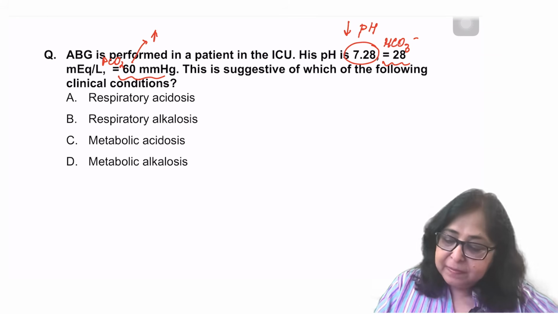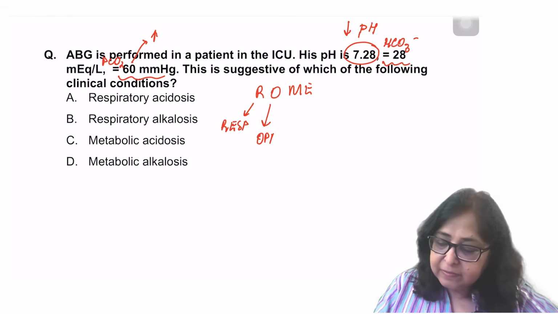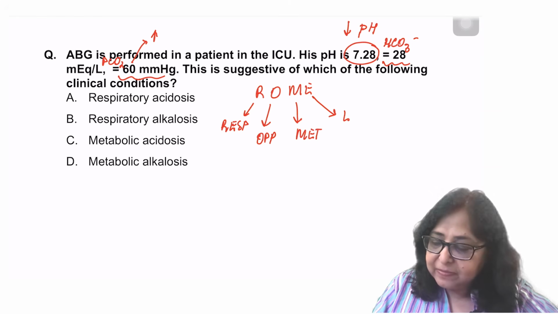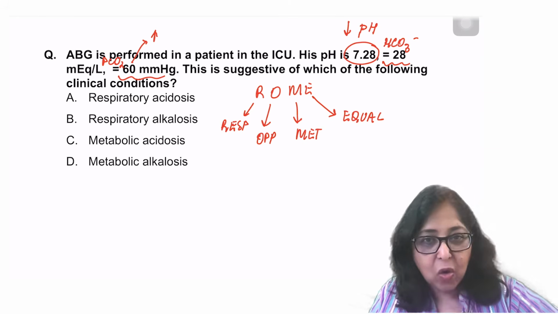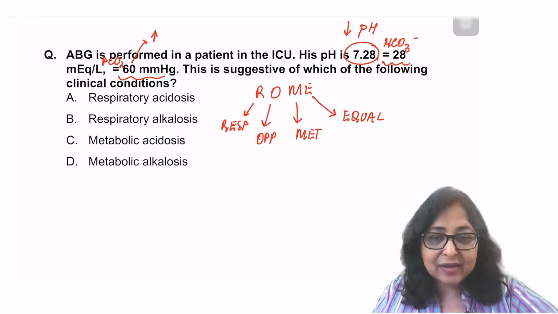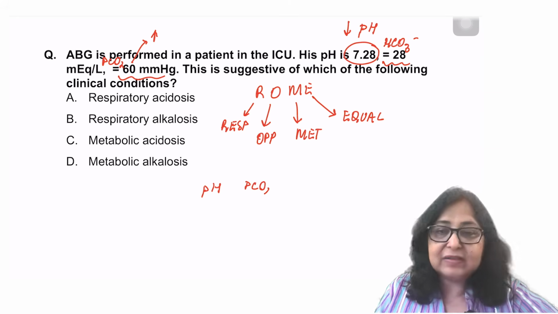Now please remember ROME. What is ROME? Respiratory opposite, metabolic equal. What do I mean by that? Whenever there is a respiratory cause of acidosis or alkalosis, look at the pH and look at the PCO2 levels.